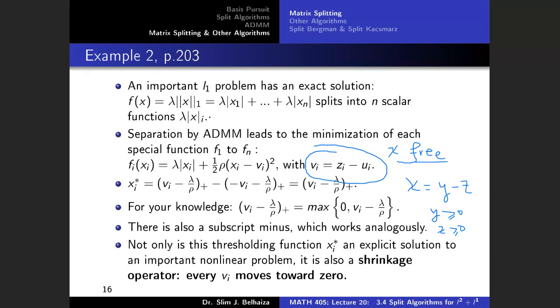You have a similar column for y, but minus 1 times the same column for the new variable z. Okay, you got my point? Now, you're just adding one column, and automatically, if x is negative, then y should be 0 and z is positive. And if x is positive, then z would be set to 0 and y is positive. So this way, you have, in fact, avoided working with free variables.